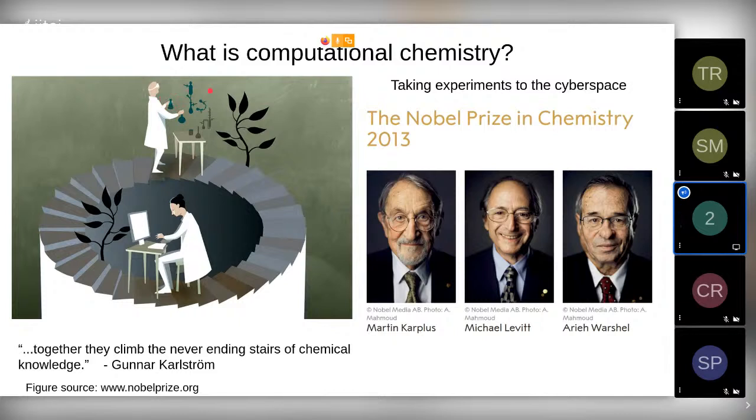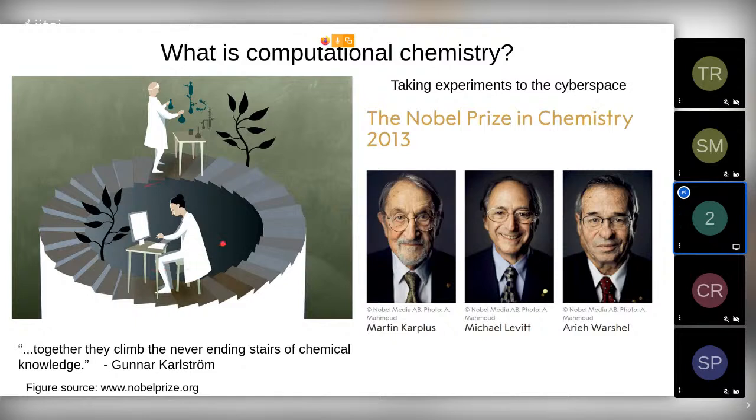So here you see an experimental scientist or an experimental chemist who performs some synthesis or maybe finds out the structure of some molecule, and then he passes on that information to a theoretical or computational chemist.